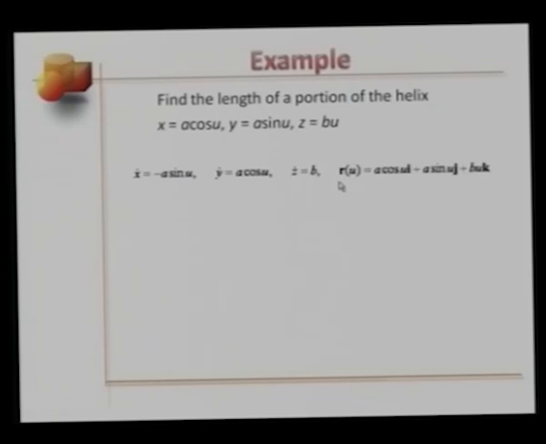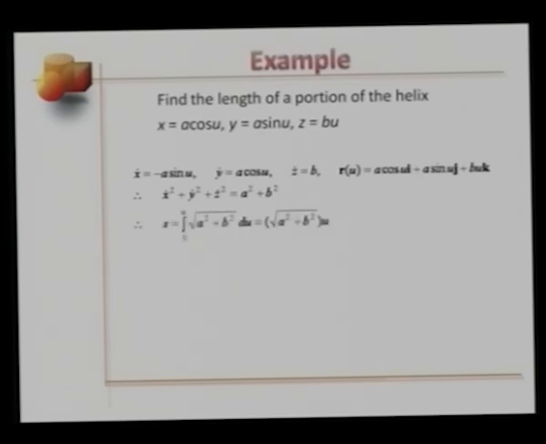Note, in the parametric form, r of u is a cosine of u times i plus a sine of u times j plus b u times k. x dot squared plus y dot squared plus z dot squared can be determined to be a squared plus b squared.